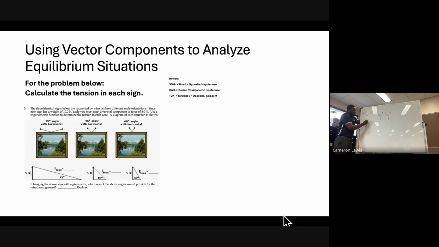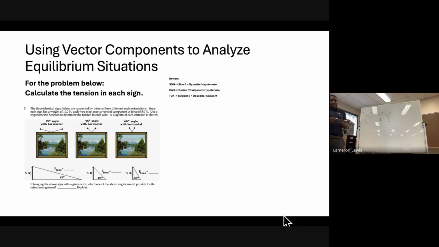Gravity is weight, force due to gravity. Each scenario, what's different is the angle that we operate at.